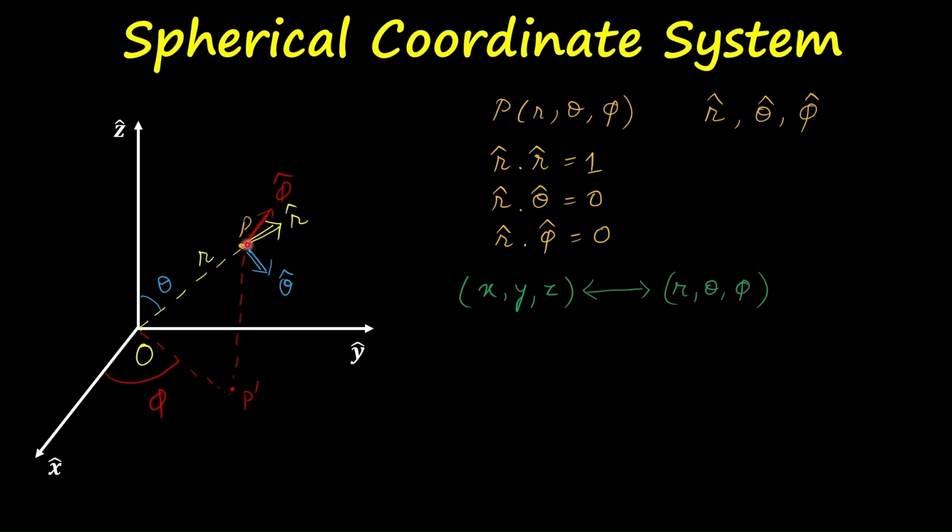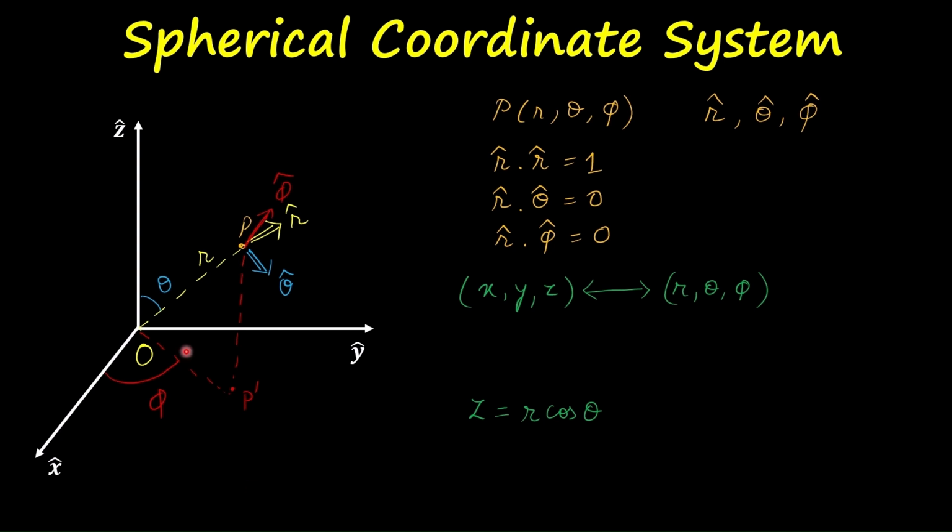See, this is point P. Now, if I take the projection of this OP on the z-axis, then whatever we get here will be equivalent to z in the Cartesian coordinate system. So we can write z is equal to r cos theta. Now, what about y or x?